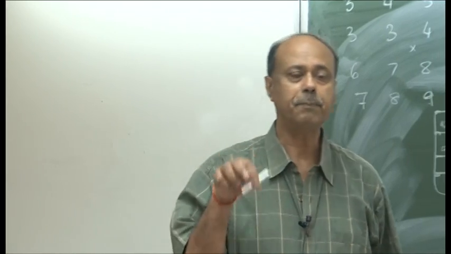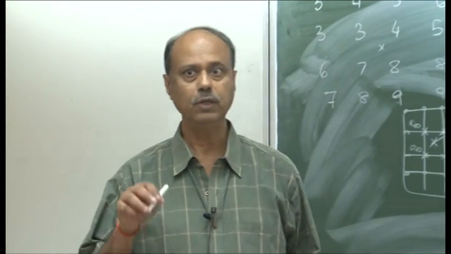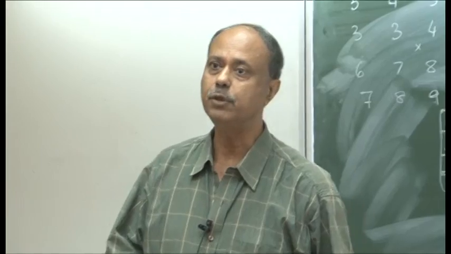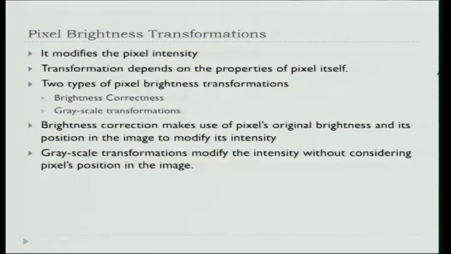The position of the pixel is important; not only do you want to improve the intensity, you also have to find out the position of the pixel that you want to improve. In the case of grayscale transformation, it modifies the pixels without understanding their positions. It only modifies the intensity, but it does not need to know the position of the pixels.